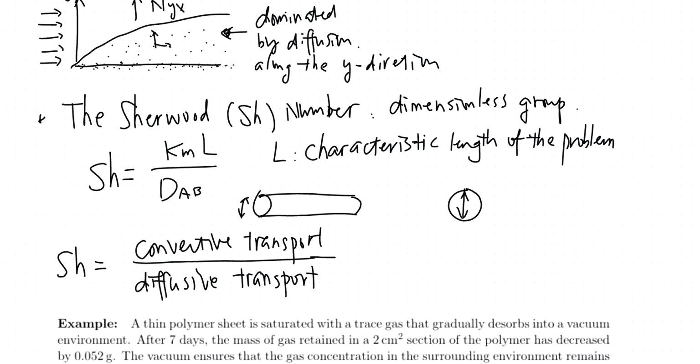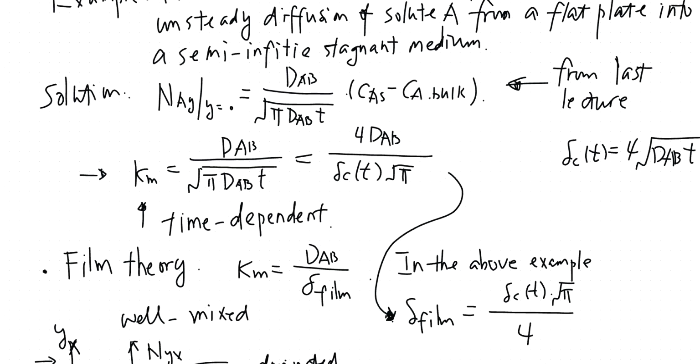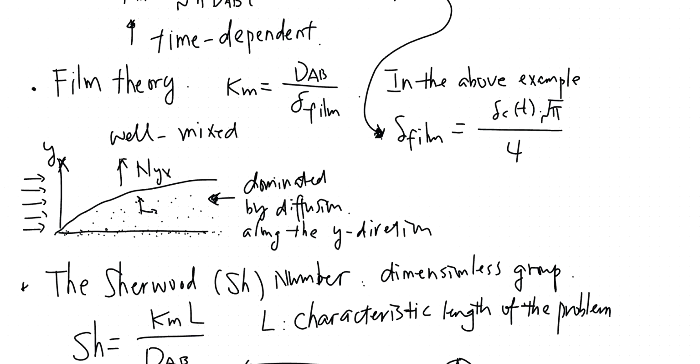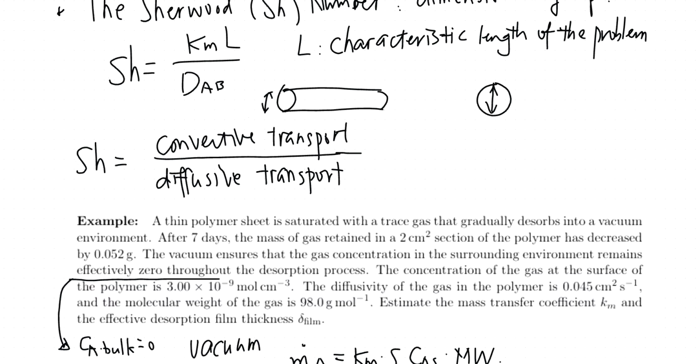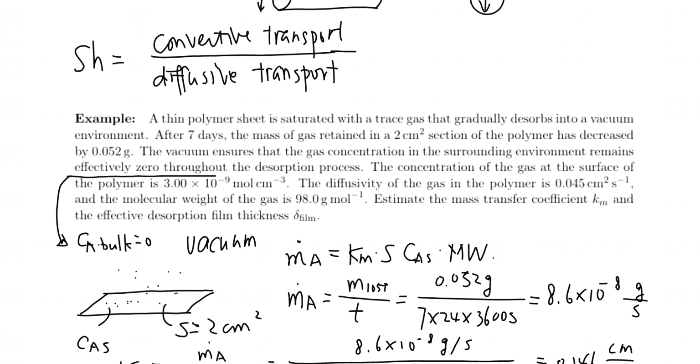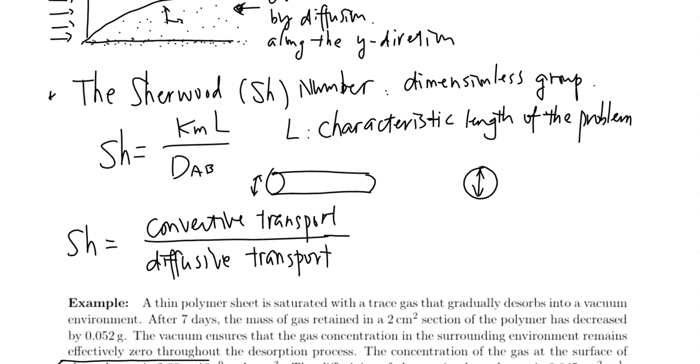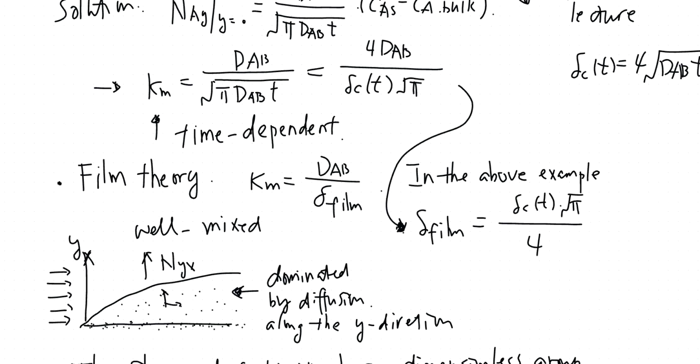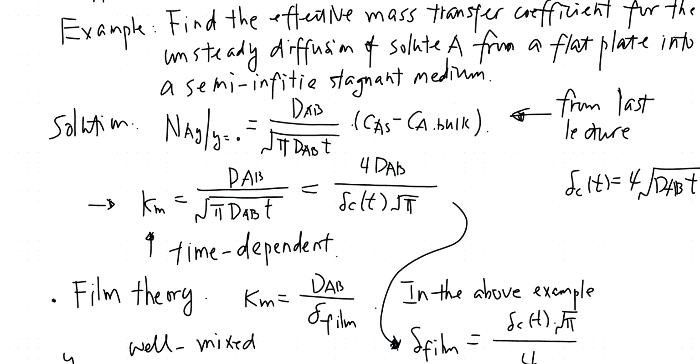The reason is that this km is an approximation for a stagnant medium, and it's not just for a stagnant medium, it's for an infinitely large flat surface.